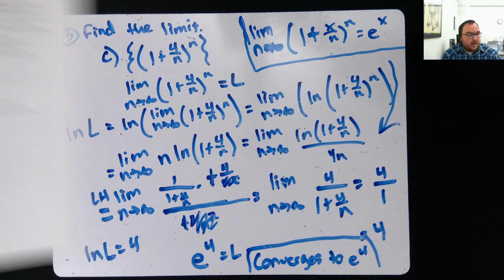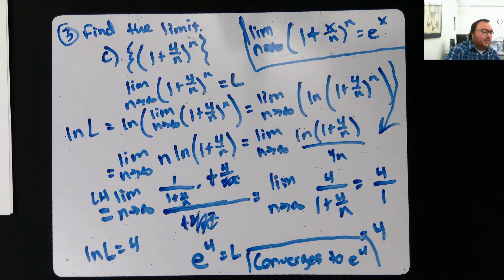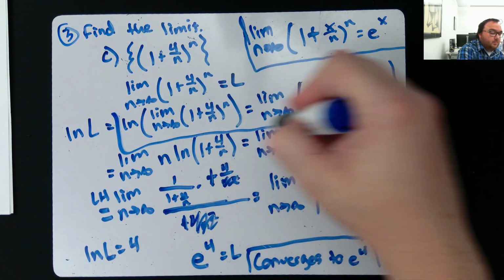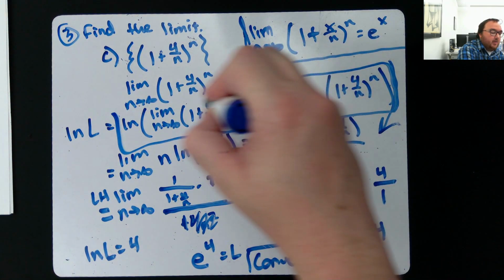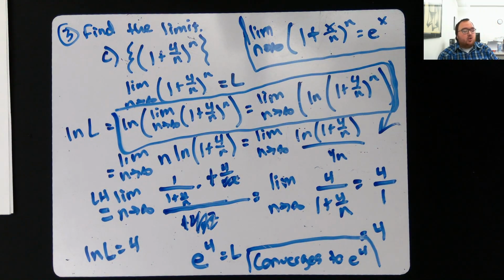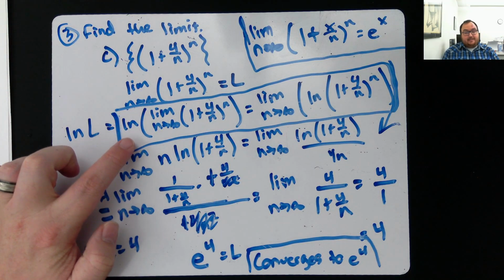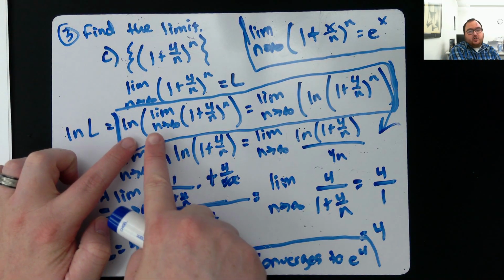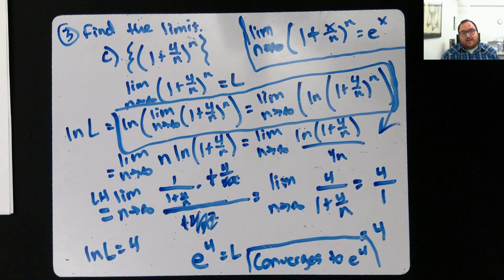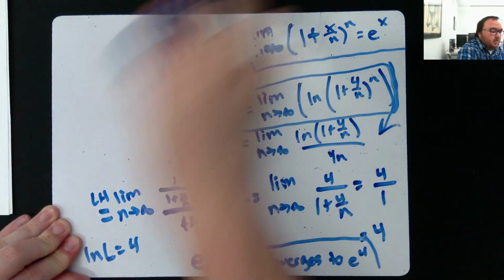What it's saying is exactly like what I did at this step right here. Since the natural log is continuous, I can switch these. That's all that says.